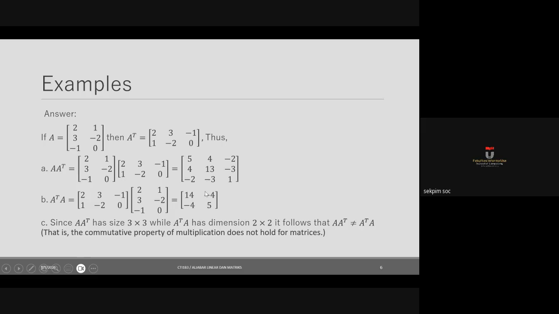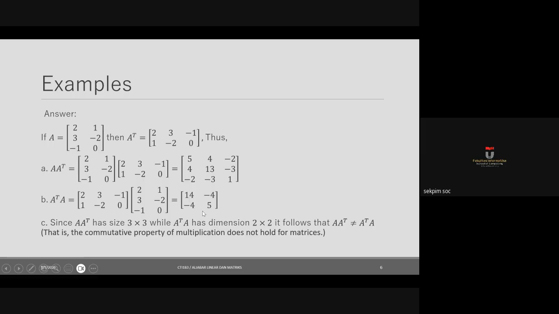And so we are going to do point B, which is A transpose A, right? Since the size of A transpose is 2 by 3 and for A we have 3 by 2, the resultant matrix is 2 by 2.